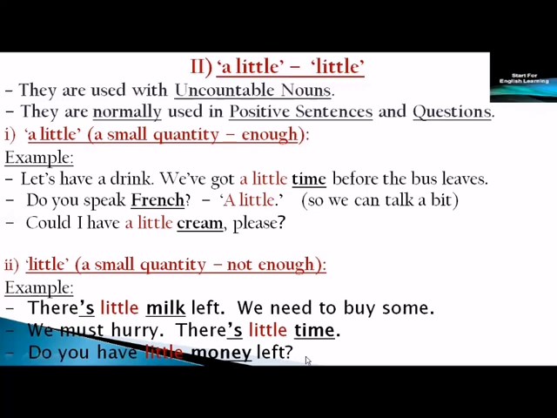Meaning not enough. So a little means a small quantity of uncountable nouns, but enough, while little means a small quantity of uncountable nouns, but not enough.